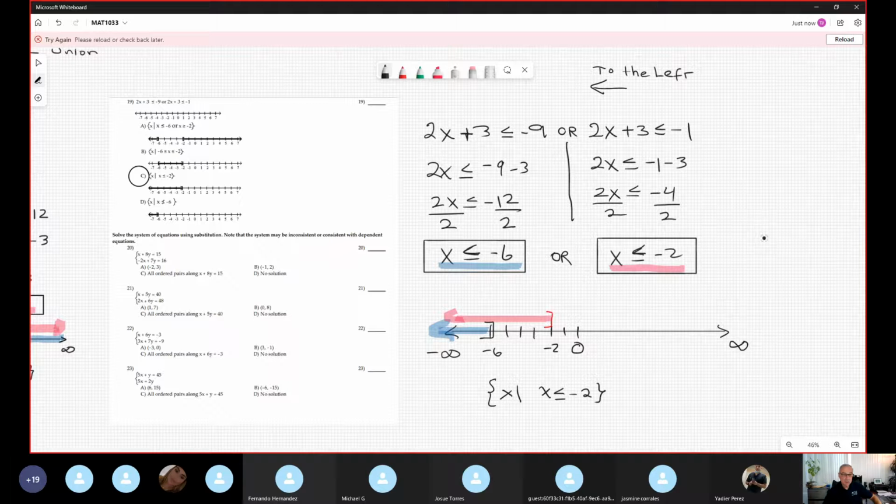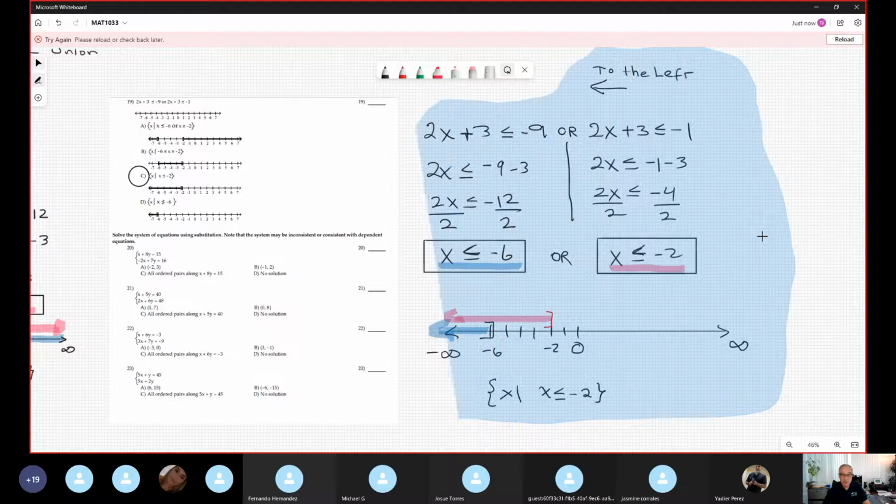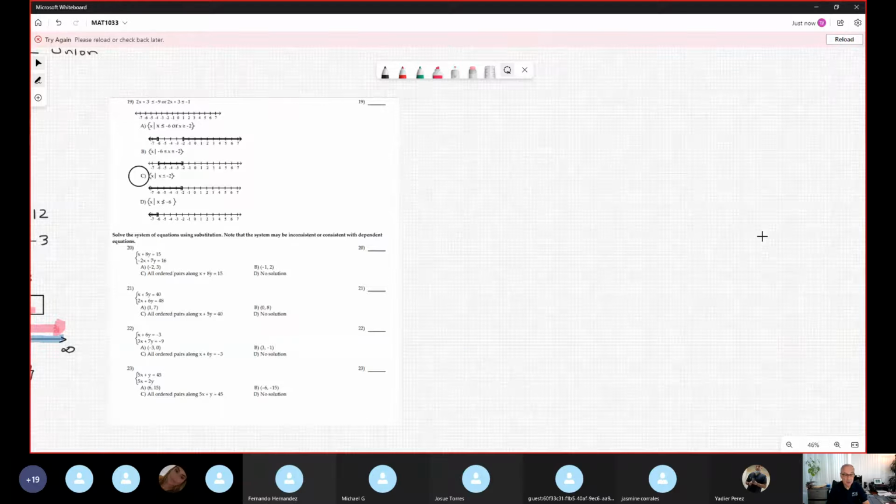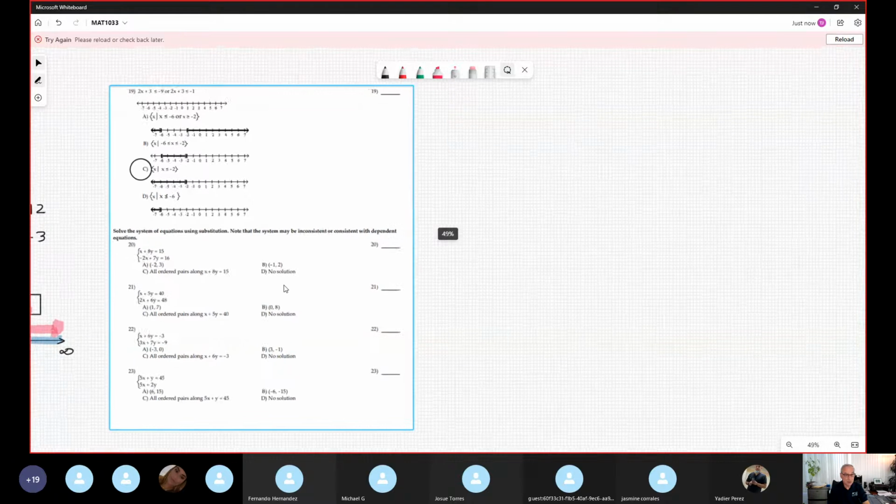Okay, guys, so let's change to another problem, the system of equations. A linear system of equations is a little bit complicated, but we practice now. A linear system of equations is two equations separated by a curly bracket like that.